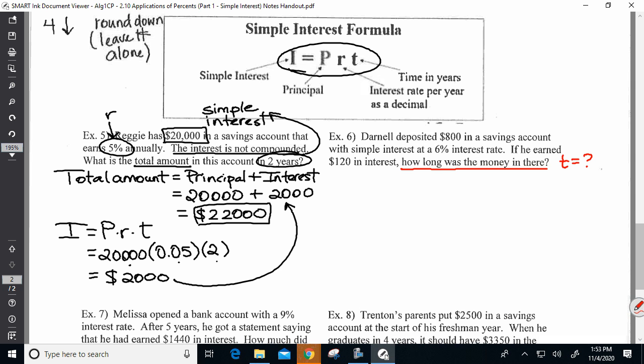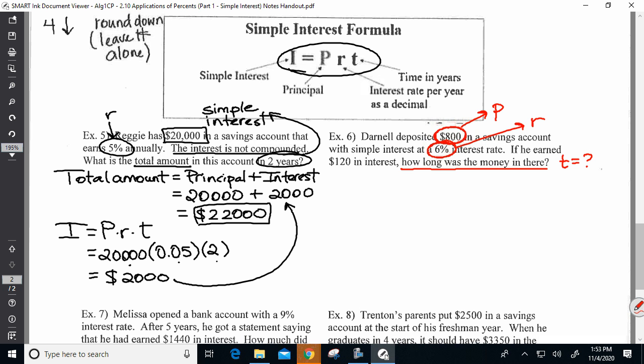So, let's look at the problem. Let's plug in what we know and then solve for what we don't. $800 was deposited, so that means that's your principal. Principal is what you're putting into the account. 6%, there's your interest rate.